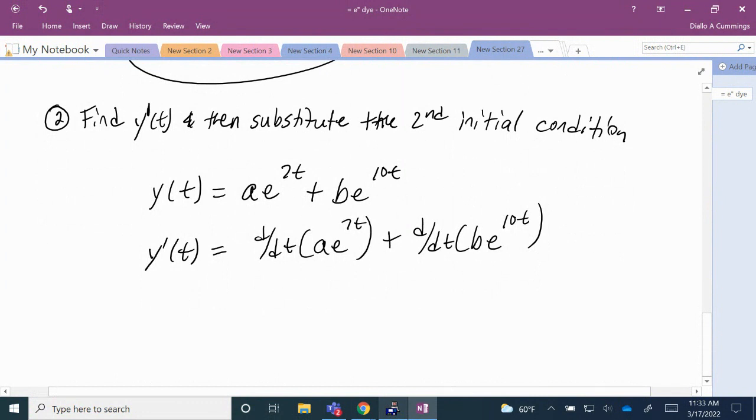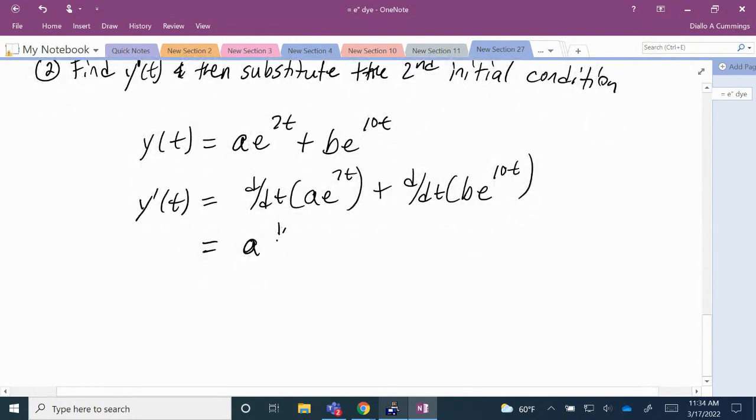Keep in mind that a and b are constants, so we can pull constants in front of the derivative operator. For my first term, I'm going to pull a in front of that derivative operator. I'm also going to pull b in front of the second derivative operator.